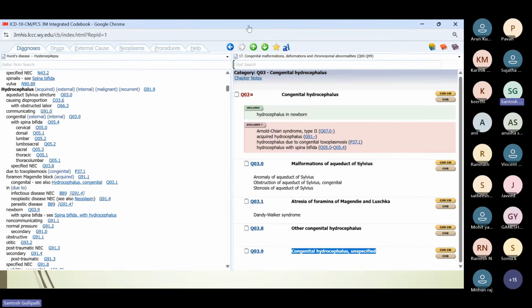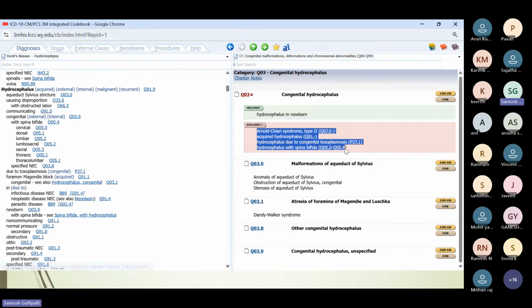Along with congenital hydrocephalus, if the physician documented acquired hydrocephalus, or hydrocephalus due to congenital toxoplasmosis, or hydrocephalus with spina bifida, at that time you can code only for congenital hydrocephalus. Do not code these conditions along with the Q03.9 series.